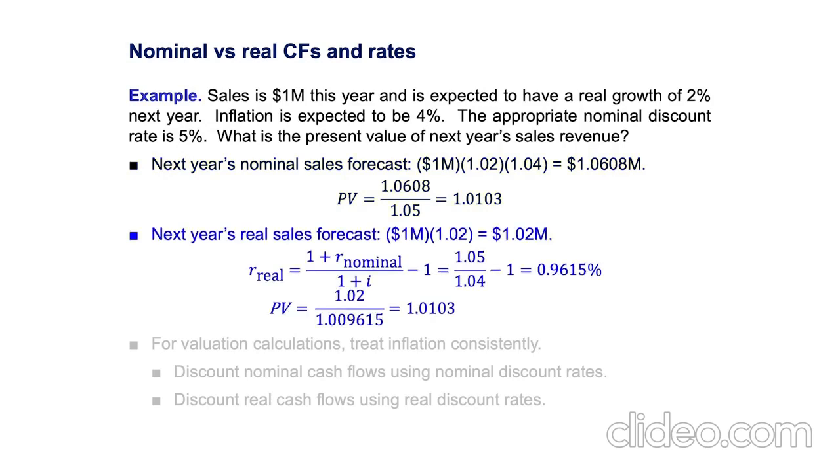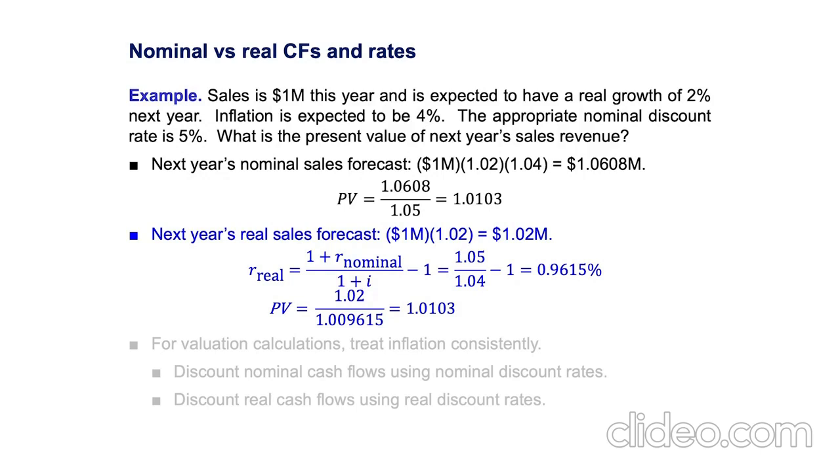We can also do this calculation or valuation using cash flows and discount rates in real terms. Next year's real sales forecast will be 1 million times 1.02. That's the real growth. That gives us $1.02 million in real revenue.